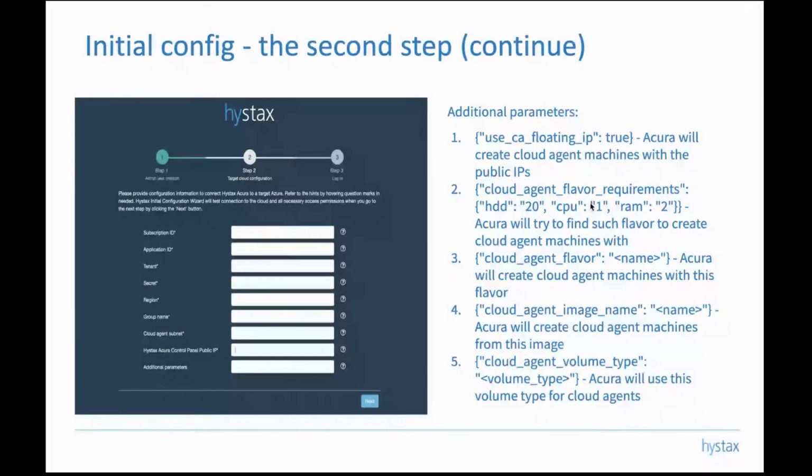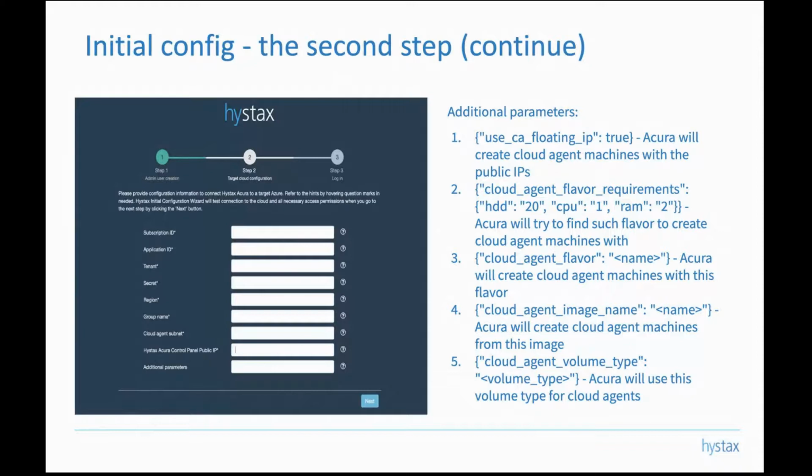I mean, it depends on the flavor. In case of Azure, it depends on the flavor that the Cloud Agent has. Acura attaches a specific number of volumes to each agent. In case of Azure, we're using by default the flavor that allows attaching only 4 volumes, but it's cheap, and this can also be customized.